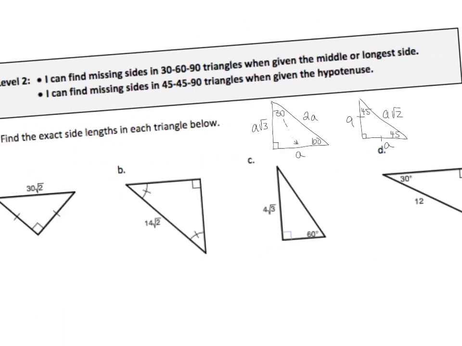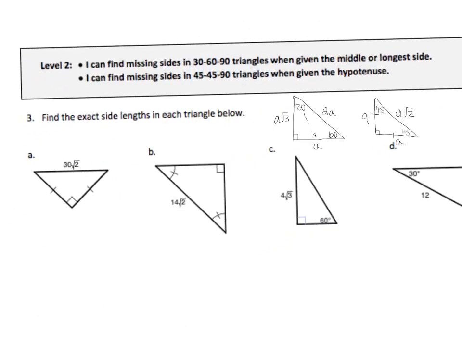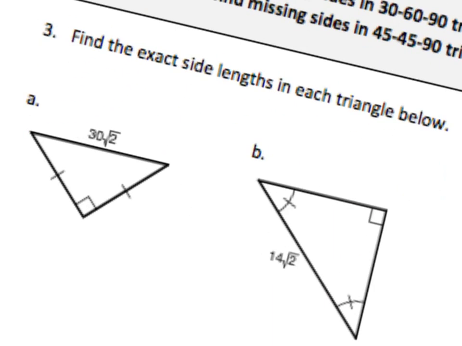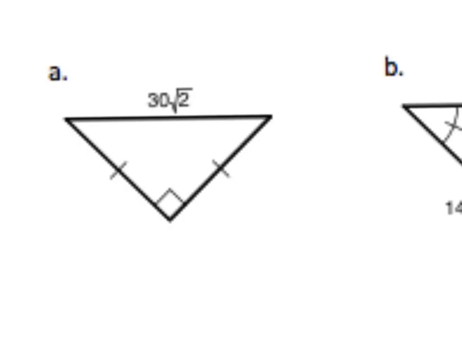Okay? Alright, so looking at our first one, we've got a 30 root 2, and I see I have 2 congruent sides. Because I have 2 congruent sides, that means I have 2 congruent angles, meaning I have a 45-45-90 triangle. The hypotenuse of the 45-45-90 triangle is A root 2.